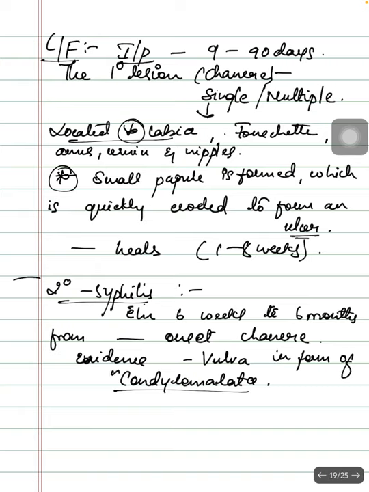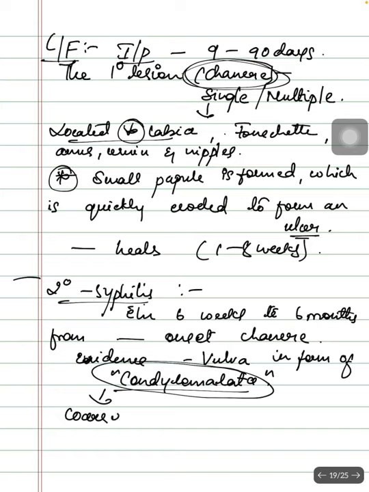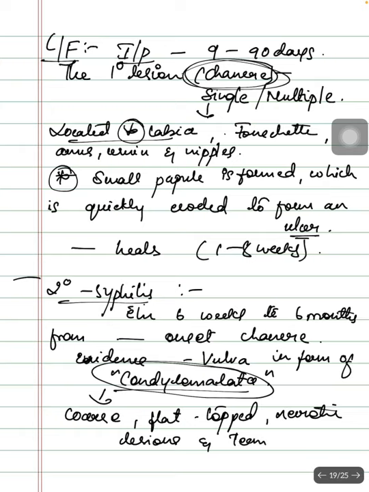These condylomata are coarse, flat topped, moist, necrotic lesions teeming with treponemes.